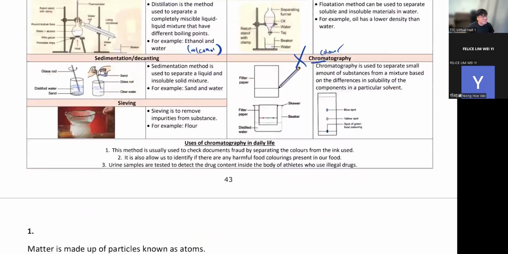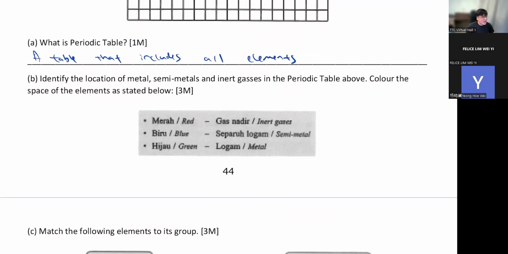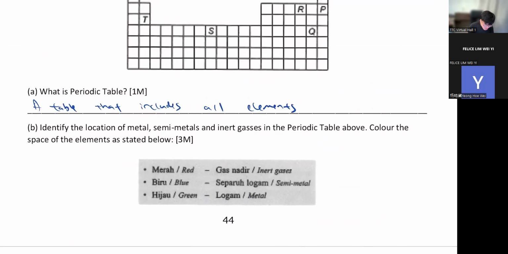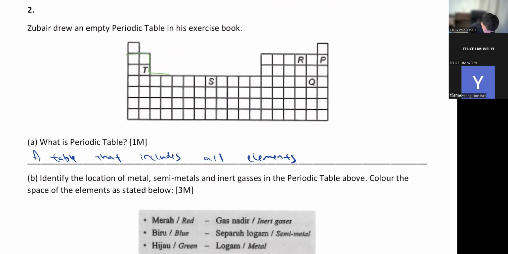All right. Anyway, where were we? Yeah, here. So identify the metal, semi-metal, and inert gas. So where's your metal? Okay, let's color our metal first. Metal is green color. So your metal is here. Wait, one, two, two, two.